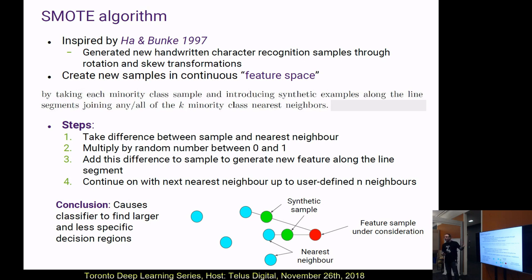The synthetic example is only generated once at each nearest neighbor, and in the algorithm you can set however many k nearest neighbors you want, and it would generate a synthetic data point between all the k nearest neighbors. In this example, I chose k equals 2. If I did k equals 3, another nearest neighbor would be used over there to generate another synthetic example.